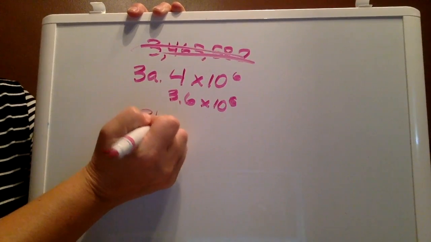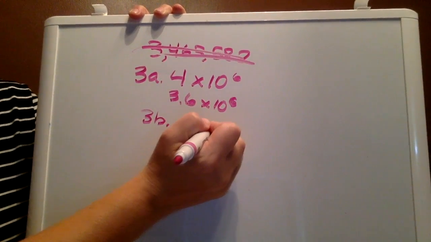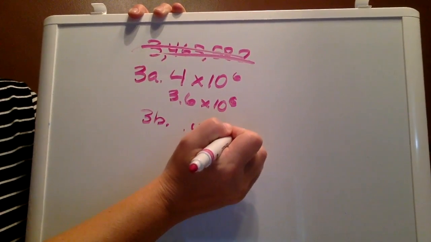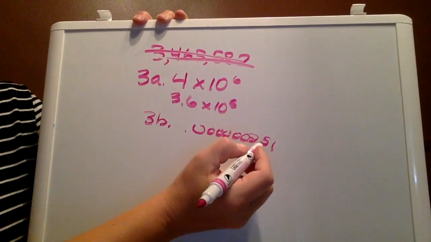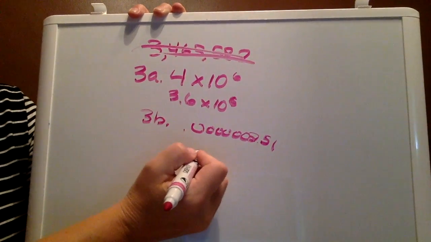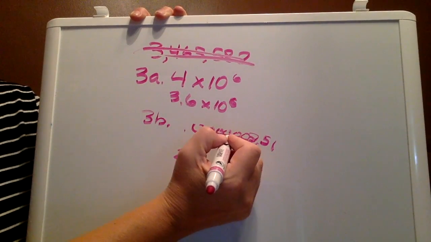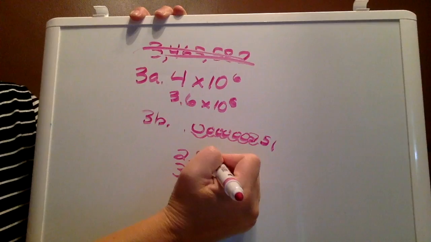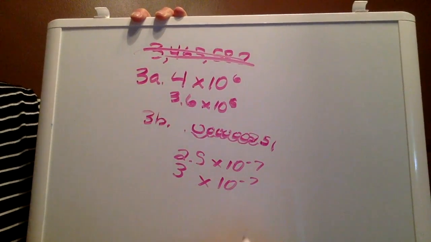So 3b says 0.0000000251. Again, you could put 2.5, or you could put 3. And then we're going to move it 1, 2, 3, 4, 5, 6, 7, so times 10 to the negative 7th.